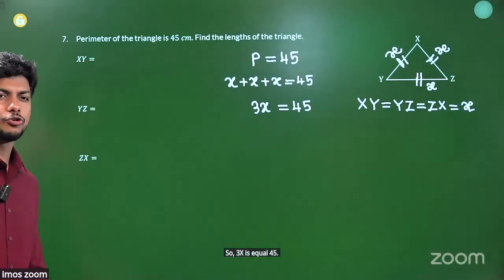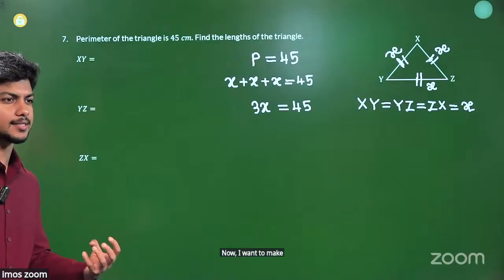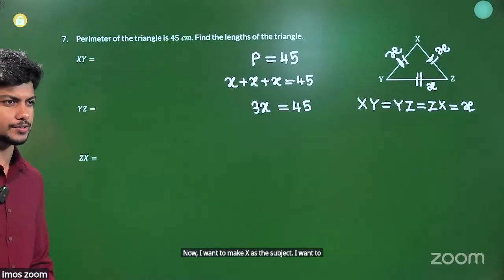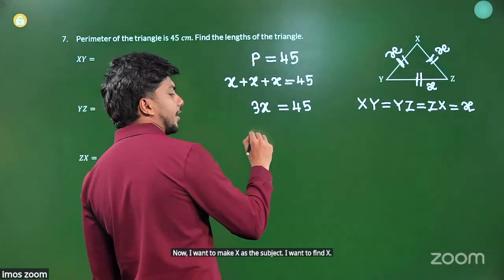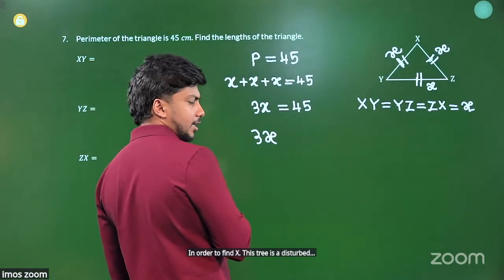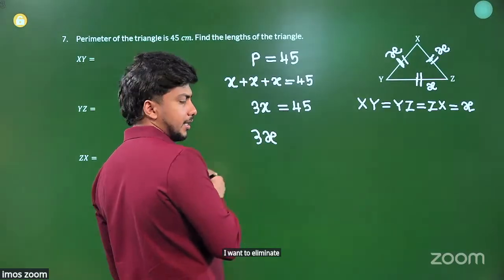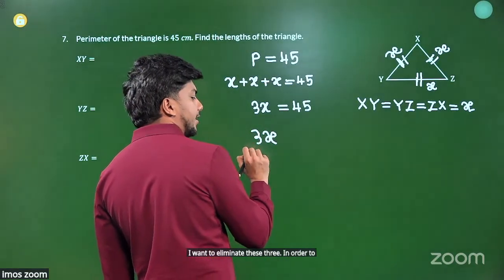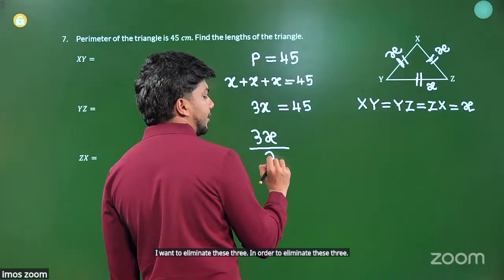Now I want to make x as the subject. I want to find x. In order to find x, this 3 is a disturbance. It's a problem. I want to eliminate this 3. In order to eliminate this 3, I divide this side by 3.